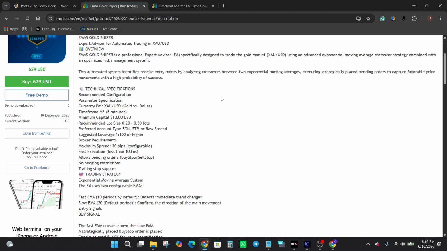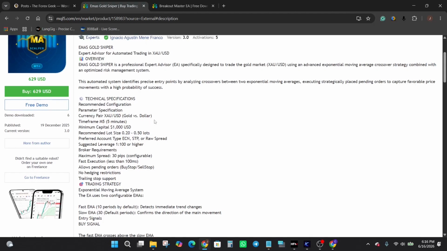The preferred symbol is XAUUSD on the M5 time frame with a minimum capital recommendation of 1,000 US dollars. The developer also recommends a lot size between 0.2 and 0.5 lots, depending on account conditions, and suggests using ECN, STP, or raw spread accounts.